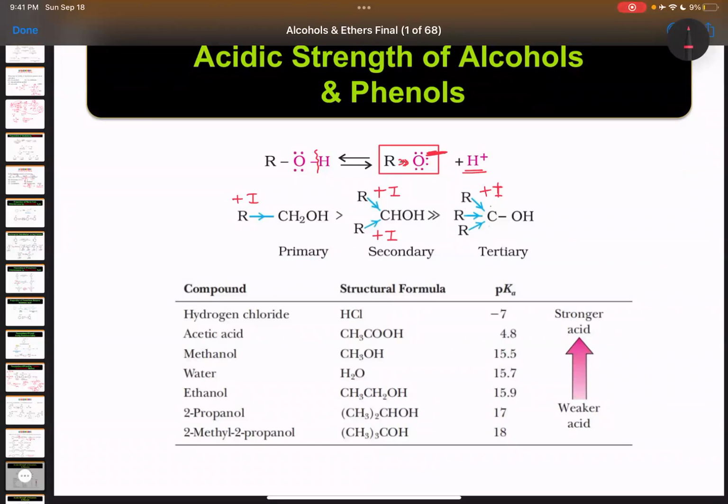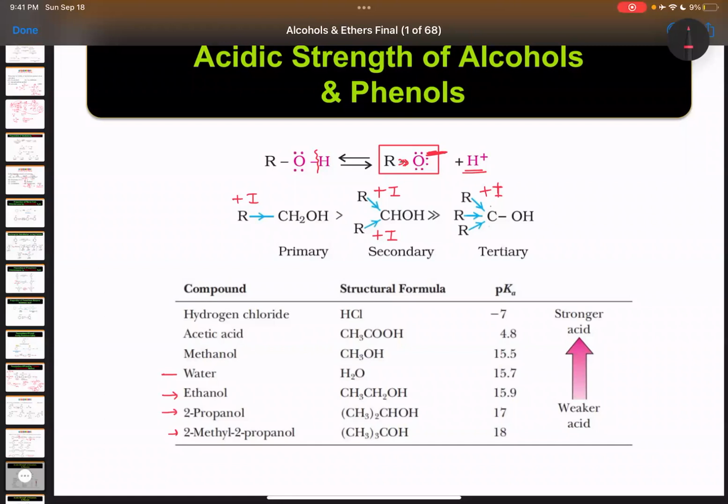So you need to have smaller and smaller alkyl groups to make the alcohol more and more acidic. Look at the larger the alkyl group you have, the less and less acidic your alcohol is going to become. And less acidic means what?